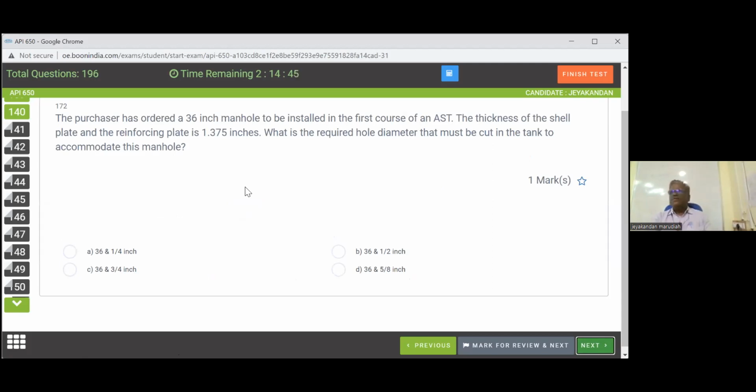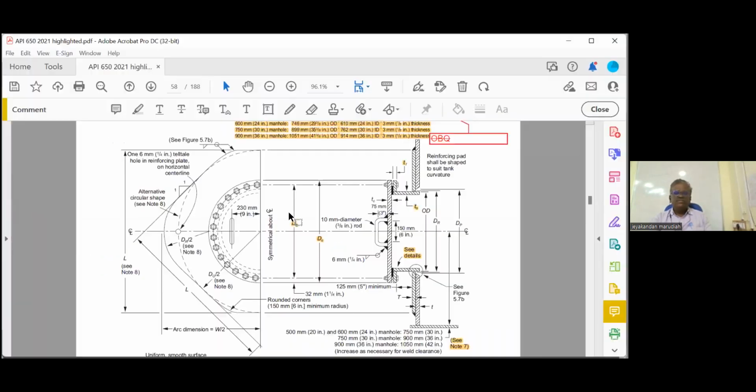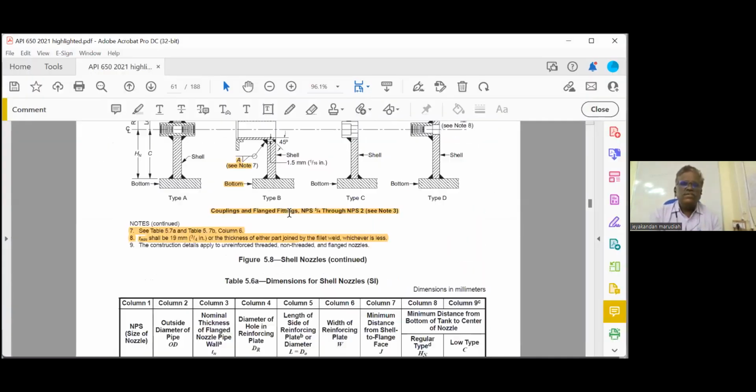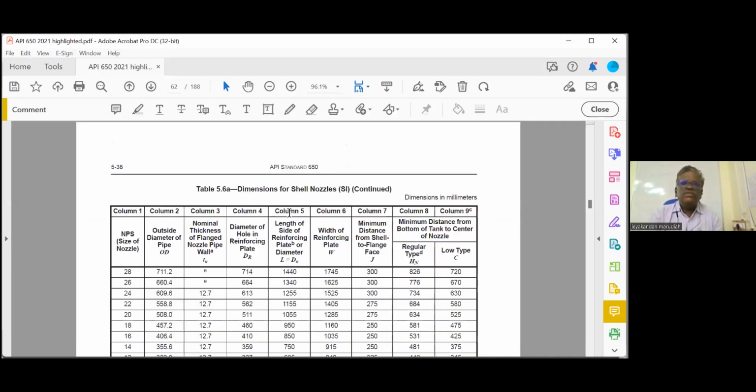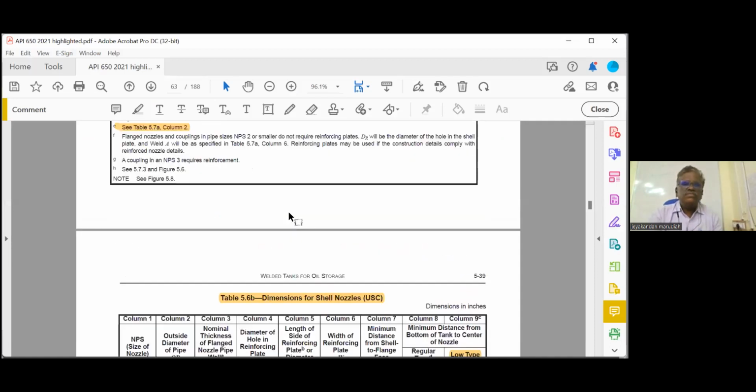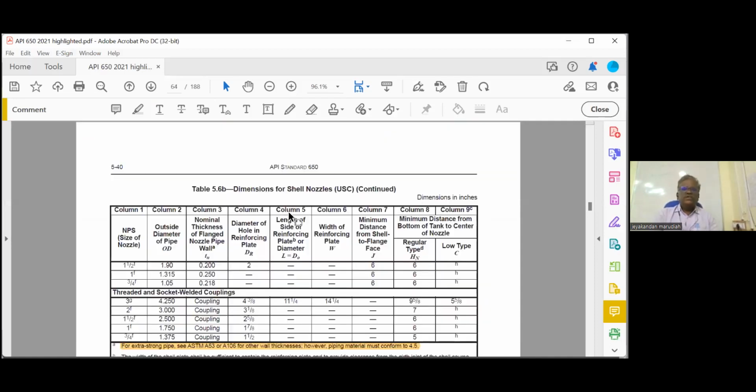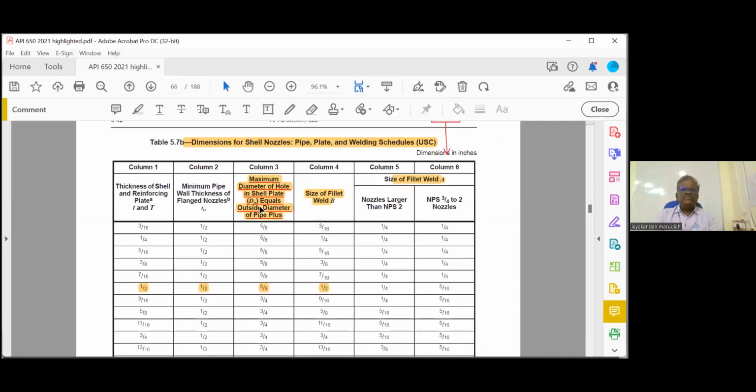It will be more than 36, so you can have 36 3/4 inch. How do you answer it? There is a table again, for the hole diameter. Okay, page number 5-42.